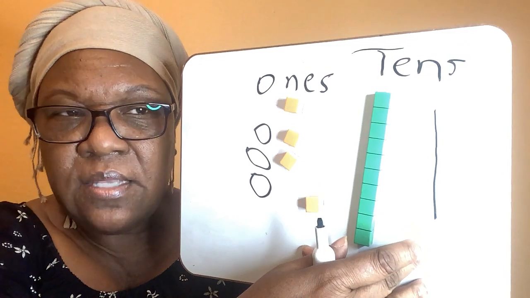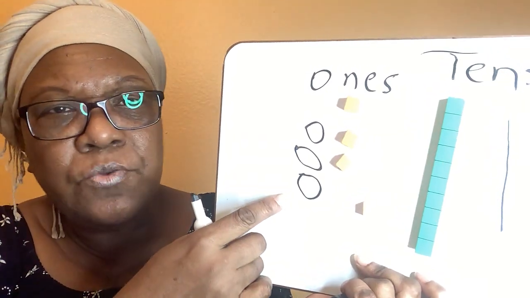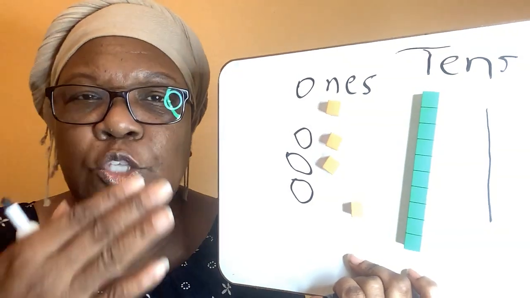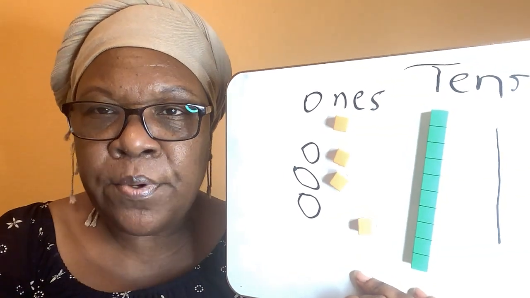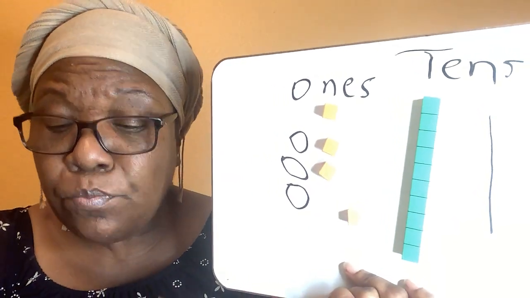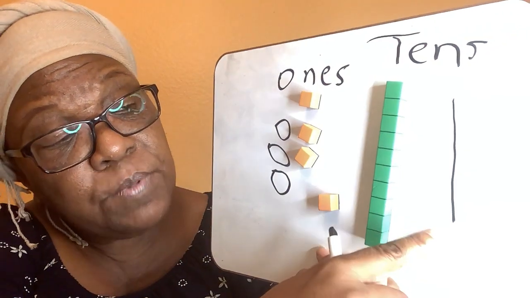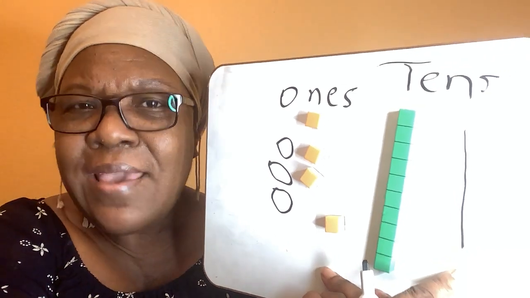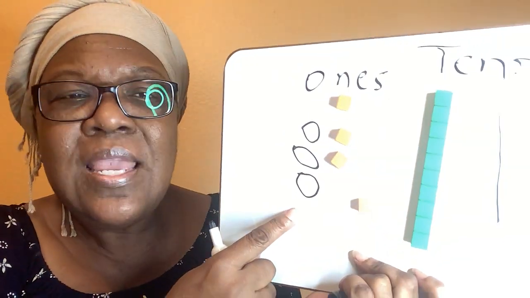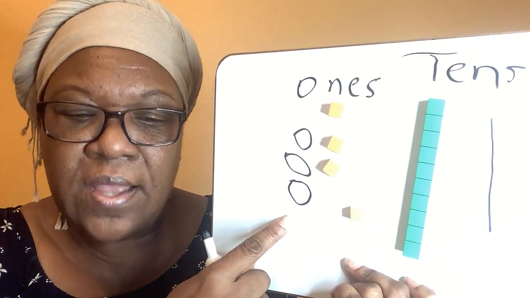Yes, it still represents 10, and then you might see little circles like this. They represent ones. I just want to show you what it looks like on paper and what the tools look like in the classroom. But again, just because it's a line, you still count it as tens. Because it's circles, you still count it as ones.